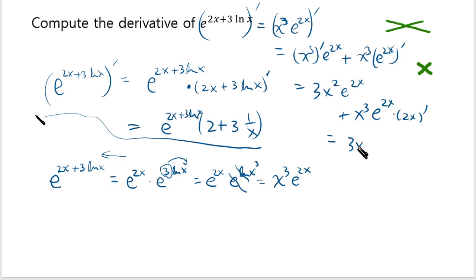So it's (3x squared plus 2x cubed) e to the 2x. And this looks nothing like this, but indeed if you simplify this in this way, then you'll see that this is indeed the same thing as that one, okay? So I would say this is the simplified one, but you know, in the exam, if you did this and you didn't know how to simplify, you'll probably still be given full credit.